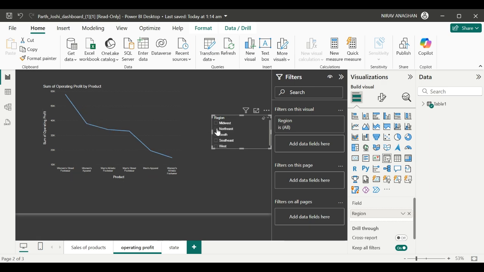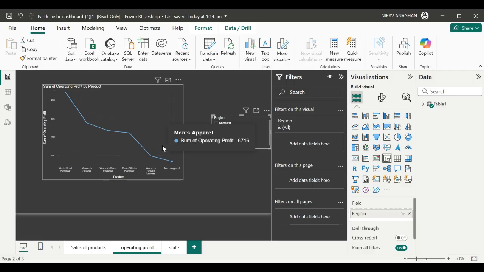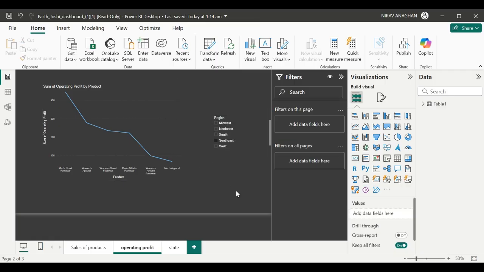In the northeast, as we can see, and also in the southeast, the data changes from the midwest and the south. In the southeast, men's street footwear has the highest sales, whereas men's apparel has the lowest. Women's apparel in another area is in first place, but in the southeast it's second.